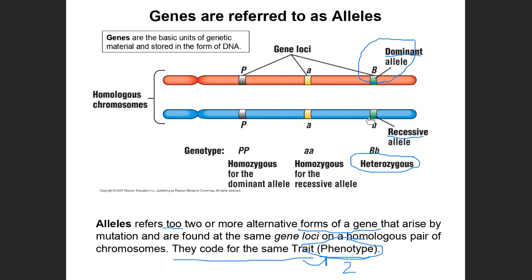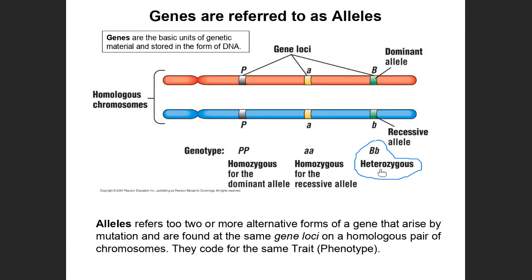And again, as we go over Mendel's work, I'll explain it more. So when you look at the same gene loci on a homologous pair of chromosomes, and you see that they've inherited two forms of a gene for the same trait, and only one of those genes determines the phenotype of the organism, we say that individual is heterozygous dominant.